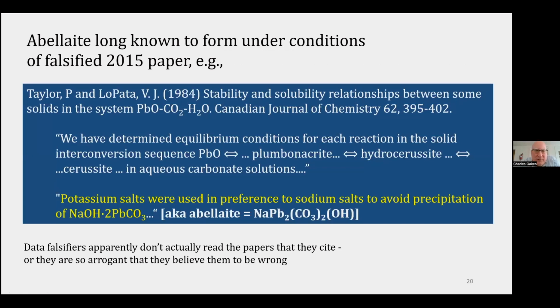So we come over to a paper that was published, again, roughly 40 years ago. Again, no secret. If you put these lead minerals into a sodium carbonate solution, you produce a double salt. And in nature, it's known as the mineral abelite.